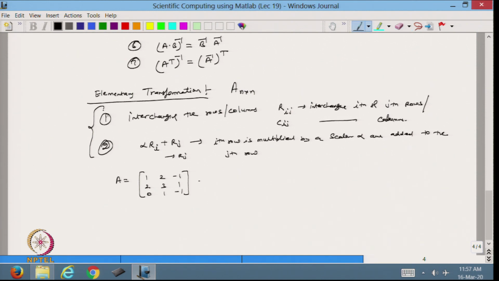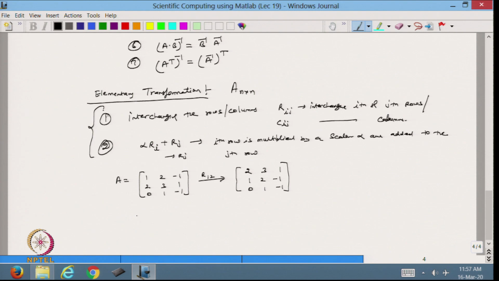Generally we put an arrow and write R12. It means I am applying the elementary operation interchanging the first and the second row. So I will write 2, 3, 1; 1, 2, minus 1; 0, 1, minus 1. This is the outcome after applying R12.